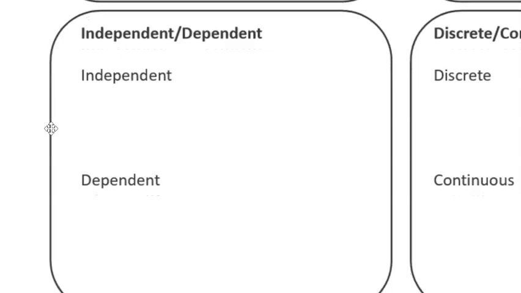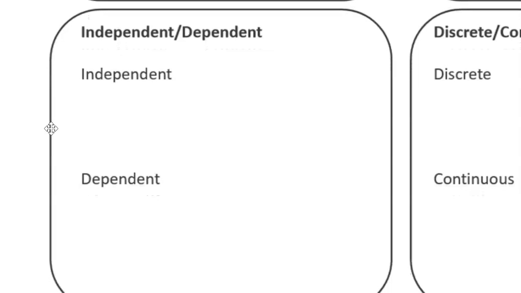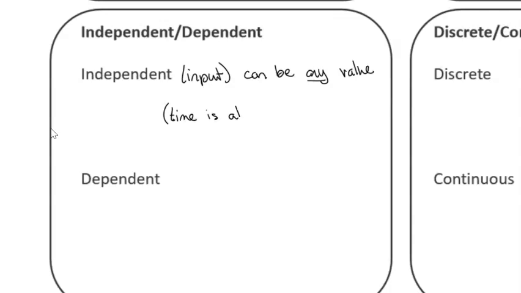All right, and so we need to fill out independent and dependent. If it's independent, that's the input. And remember, the independent variable can be any value. Also, it doesn't have to be time, but if time is a measurement in whatever you're doing, time is always independent. So like minutes, seconds, months, years, any measurement of time is always going to be independent.